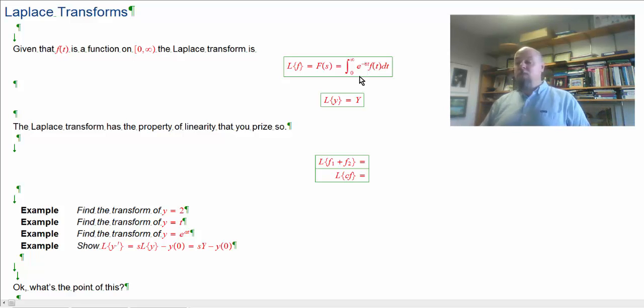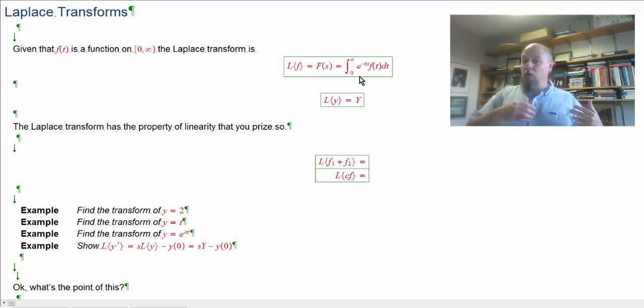Here's the plan then. This is a transform that takes a function in the regular world where our independent variable is time and our dependent variables are little y's or little f's. We take the transform of our problem, a transform of a function, the Laplace transform of whatever, and move it into the Laplace world.